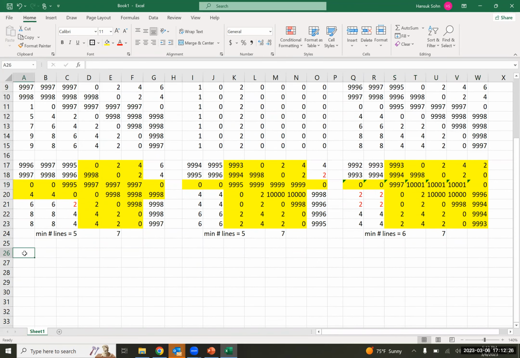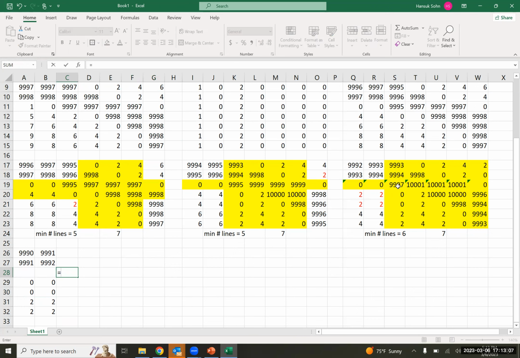So here, the first element should be this minus the minimum uncovered cost of 2, right? And then I'm going to copy the same formula and paste it down here, and also do the same thing, right? Like here. And then the intersection area is right here, right? So we're gonna add the value of 2 to this area.